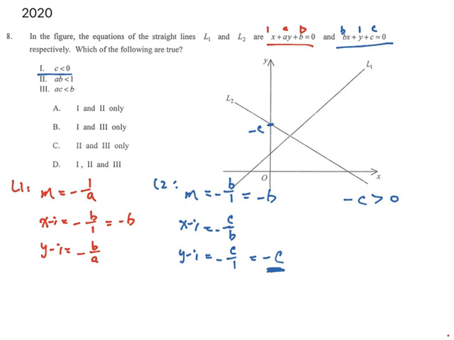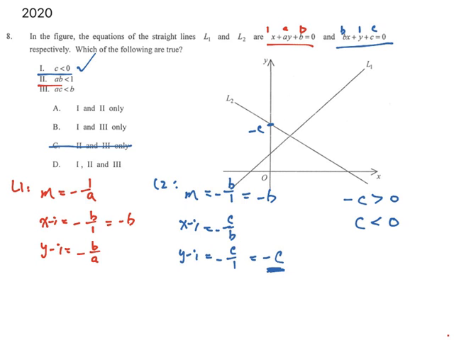So negative C is greater than 0, and we can divide by negative on both sides. When we divide by negative, the direction of the inequality changes, so C is less than 0, correct. So you can cross out C.